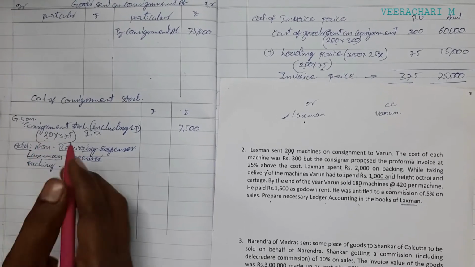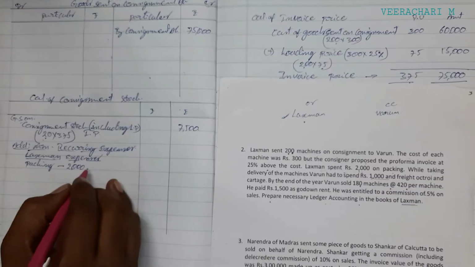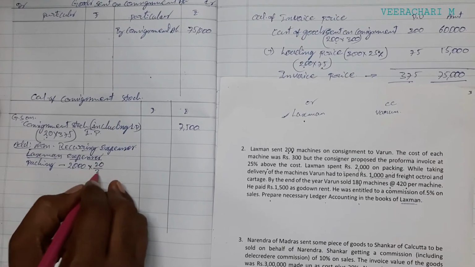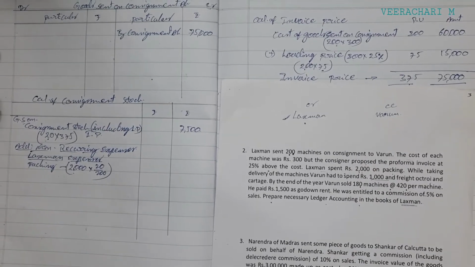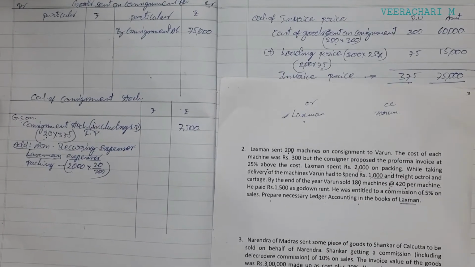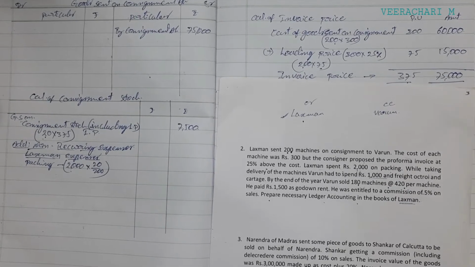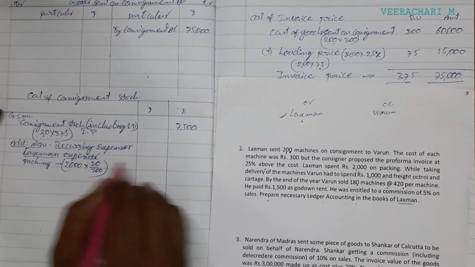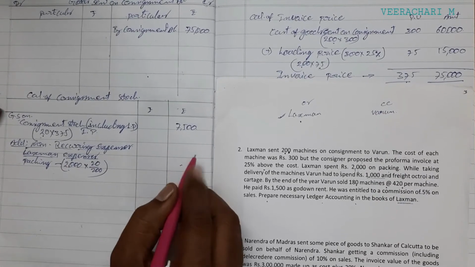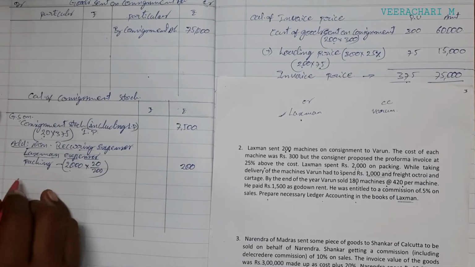So we can compute the proportion of 20 machines into 20 by 200 only. Simple one. 2,000 into 20 divided by 200 is equal to 200 rupees. Packing, consignor non-recurring expenses is 200. And after that, Varun's expenses.